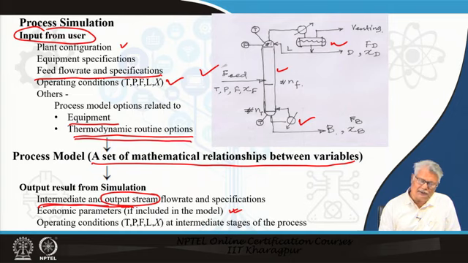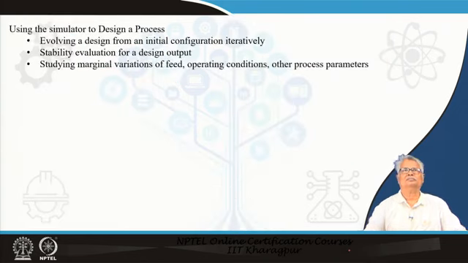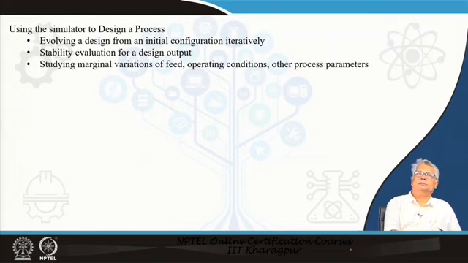We may also require some other temperatures and pressures at different points of your plant. So, this is basically the process simulation, and the process goes top down from here, and you already have an idea what its outputs are going to be. Now, the question comes how to use the simulator for designing a process.